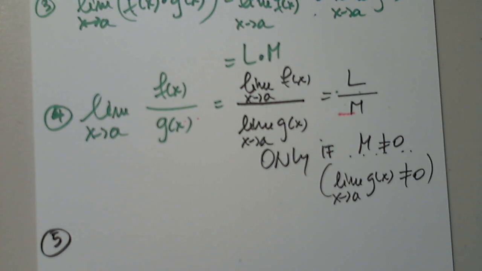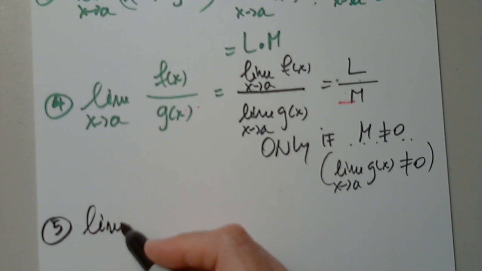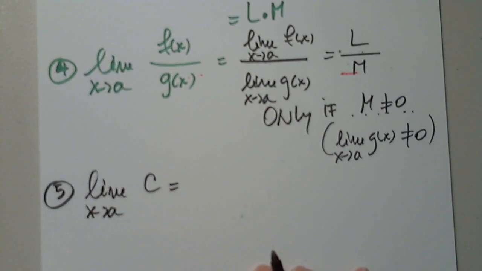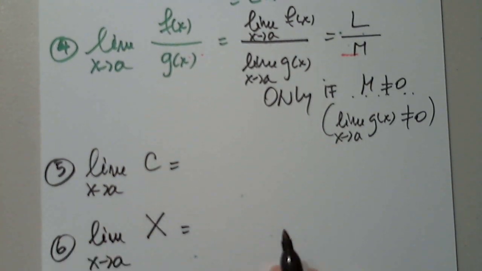Okay. So limit of a constant as x approaches a. What do you think? A limit of x as x approaches a. I don't call these limit laws, but they're common sense. But the book calls them limit laws. That's fine.